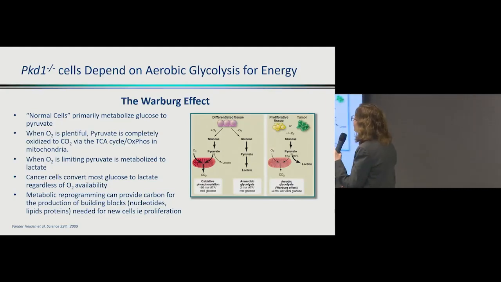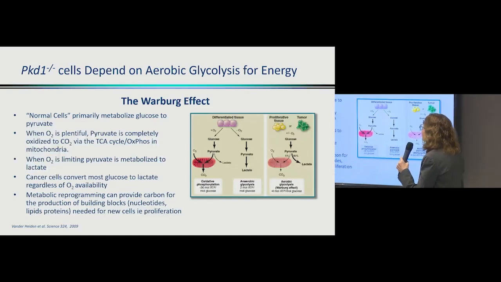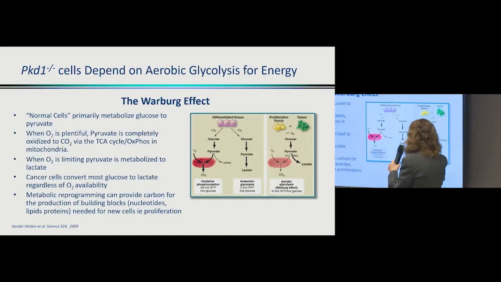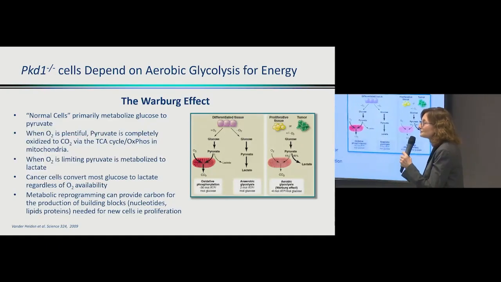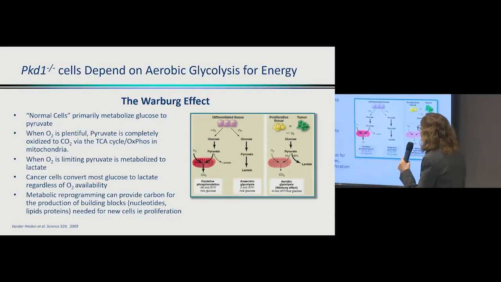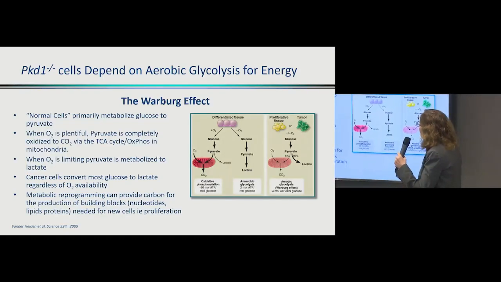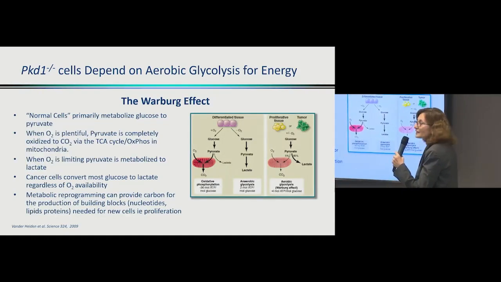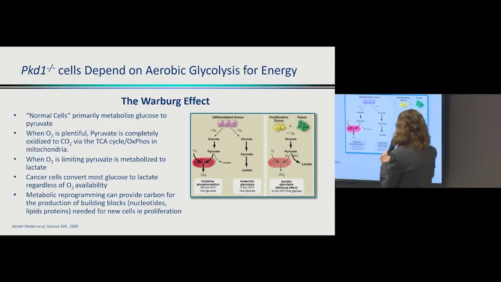Any old cell is going to metabolize glucose to pyruvate, as shown here. And when oxygen is plentiful, pyruvate is going to be completely oxidized to carbon dioxide via the TCA cycle and oxidative phosphorylation in mitochondria. I don't know if you remember that. That's shown here.